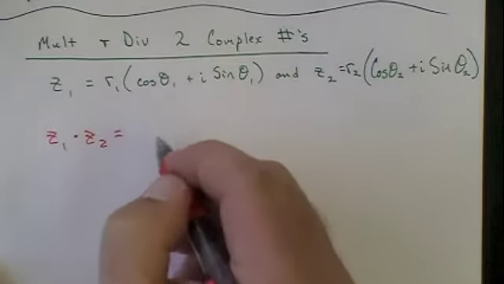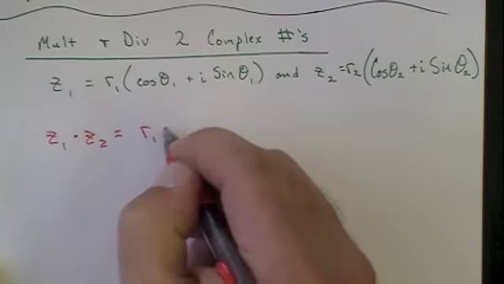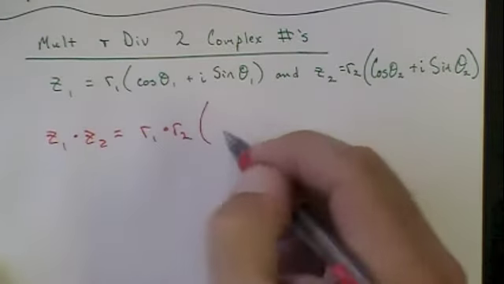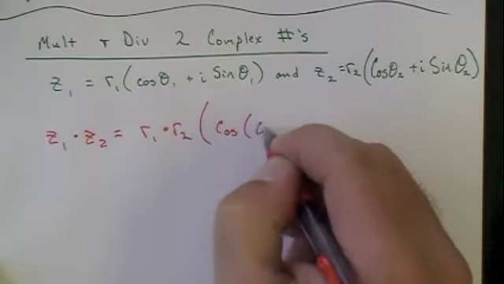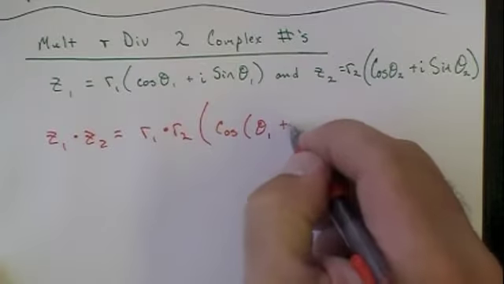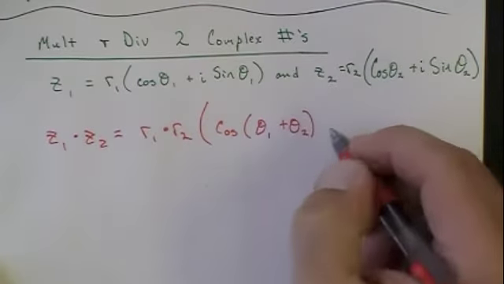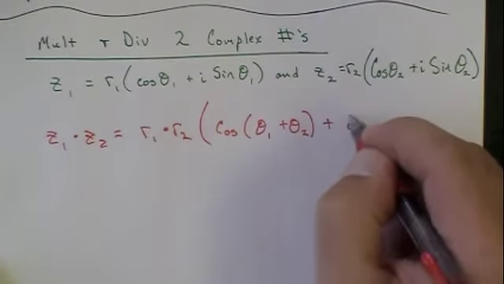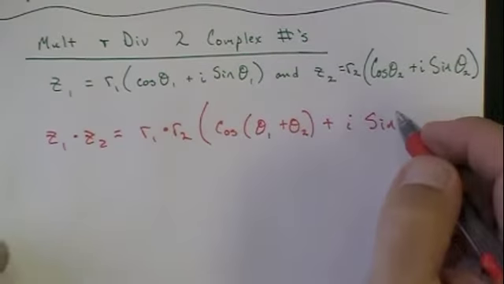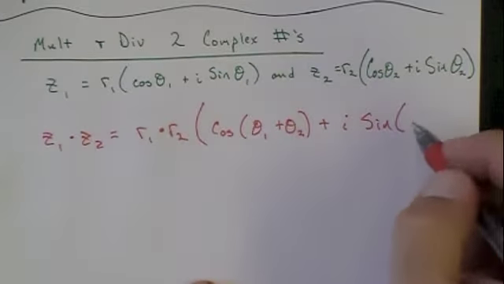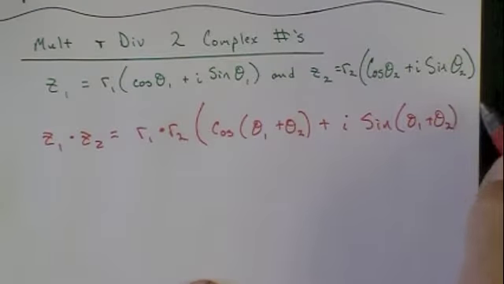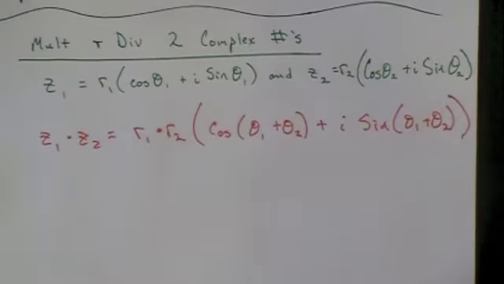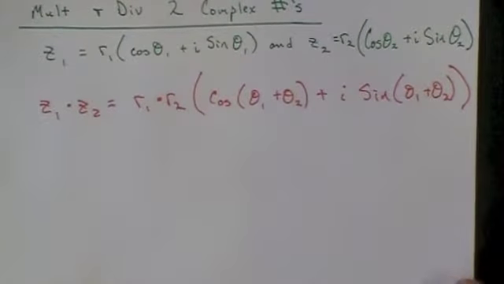What we're going to do is multiply the radii, and then we're going to take the cosine of the sum of the angles. So we're going to take angle 1 plus angle 2. And then the same on this side, we're going to add these two angles here as well. And that's how we would multiply complex numbers.